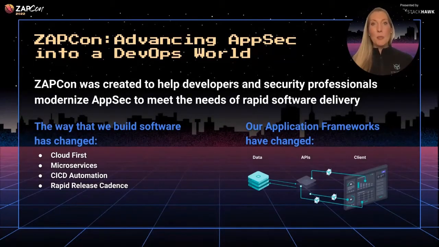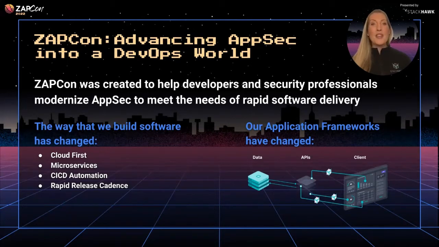Companies are building single-page applications where the data layer is decoupled from the presentation layer via APIs, which might be REST, GraphQL, or another protocol. With this change, by definition, modern DAST has to support API testing. We've changed how we build, we changed what we build, and now we have to change how we secure these things.